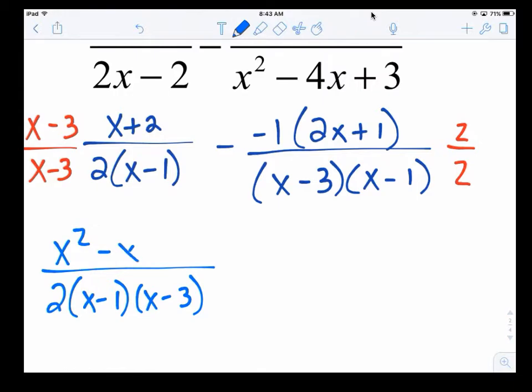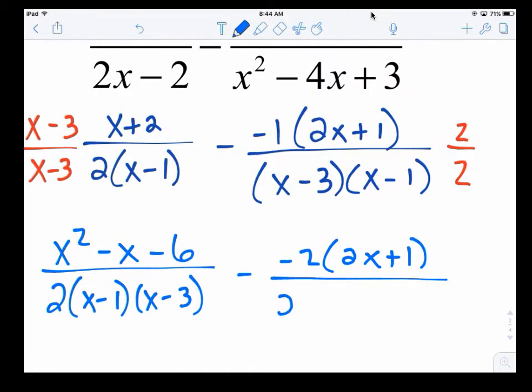It would be minus x minus 6. All right, so if I multiply the 2 on the top, that gives me negative 2 times 2x plus 1 over 2 times x minus 1, x minus 3.